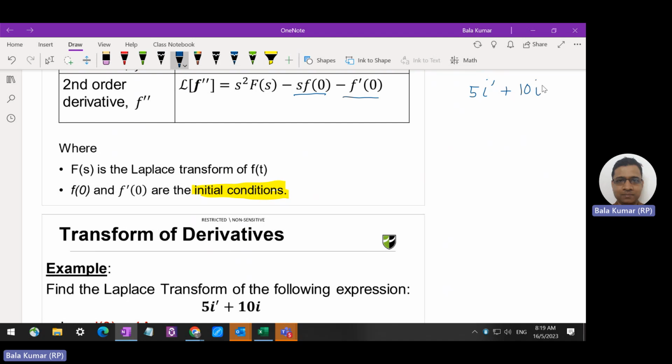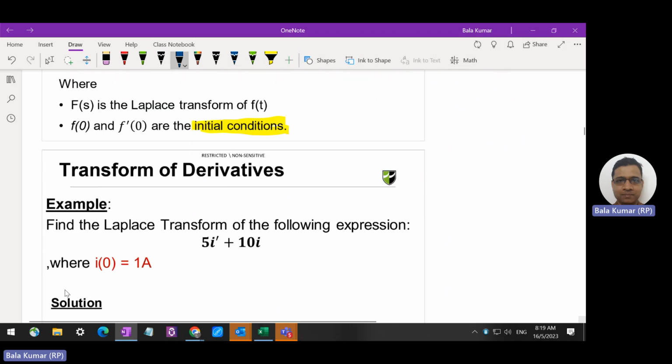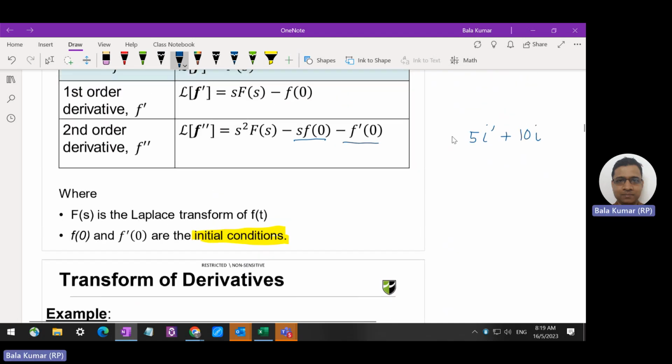And the initial condition is given as i(0) equals 1 ampere. So I'll write it here. Our initial condition i(0) equals 1 ampere. So this is given to us, and this is the expression, and we need to find the Laplace transform of this expression.